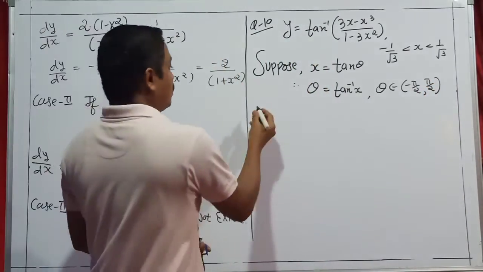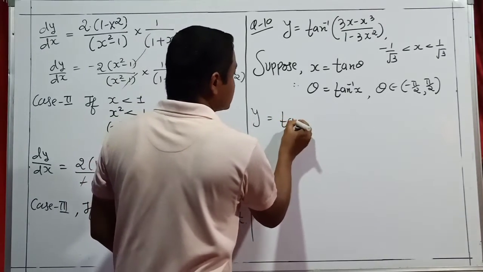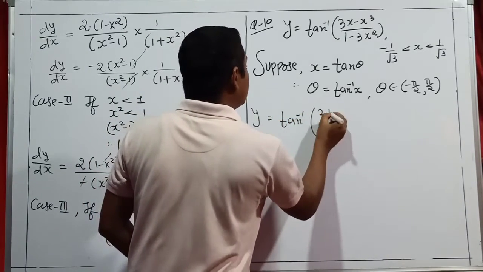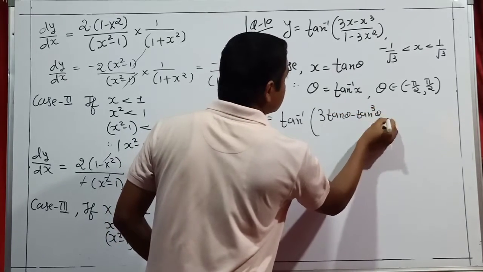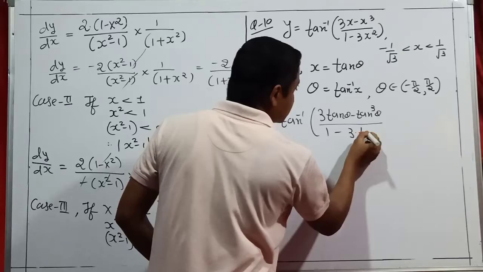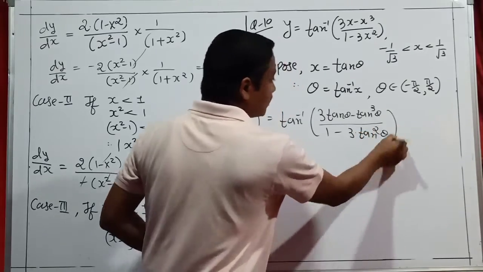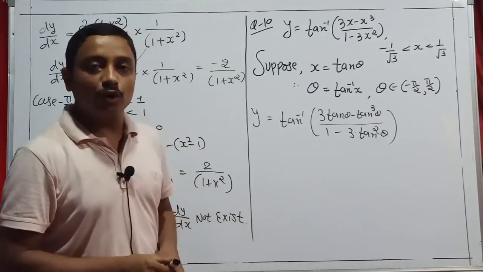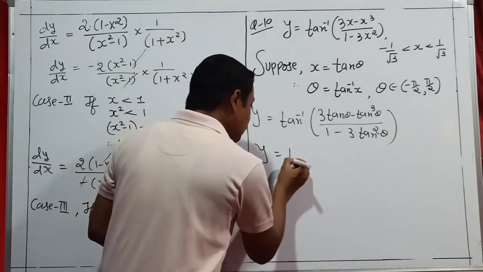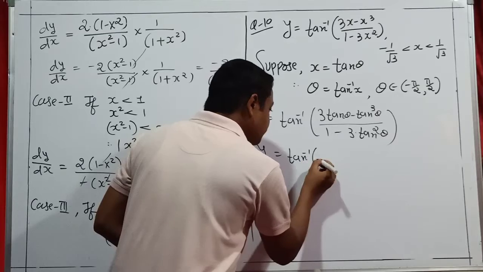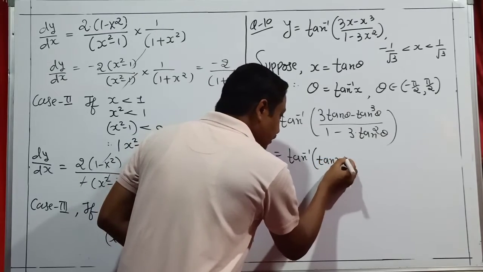So y is equal to tan inverse of (3 tan theta minus tan cube theta) upon (1 minus 3 tan square theta). Correct? And I think you know this formula for tan 3 theta. So y is tan inverse of tan 3 theta, the best way to apply.